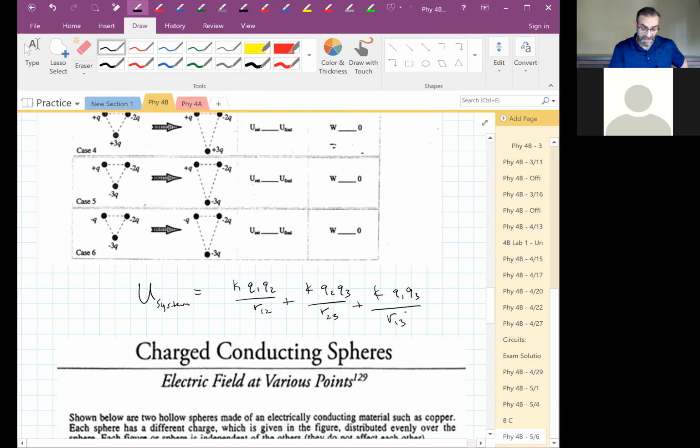And nothing's happened here. By changing the place of 2 and 3, you still get the same 3 terms for the energy in the system. They're still interacting the same way, basically.